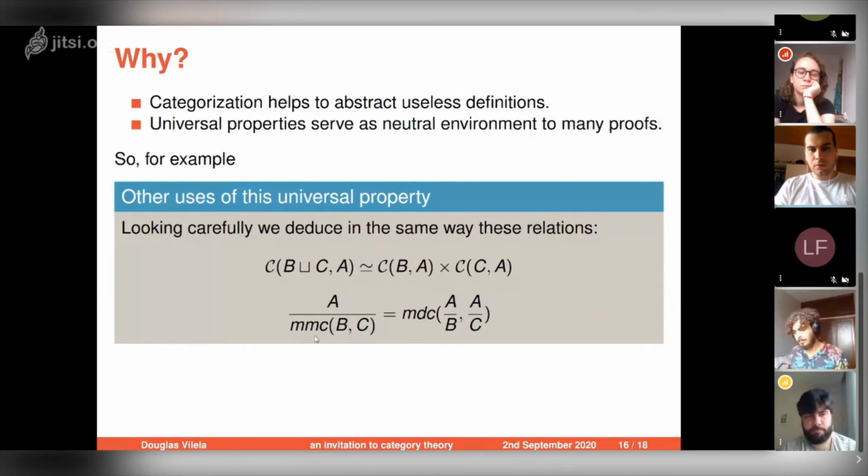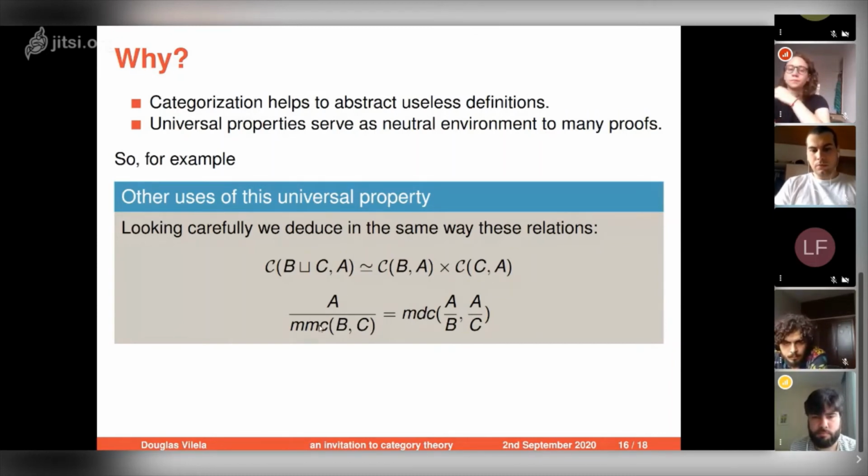And the MMC here is like the lowest common multiple, and this one is the greatest common divisor, I think.